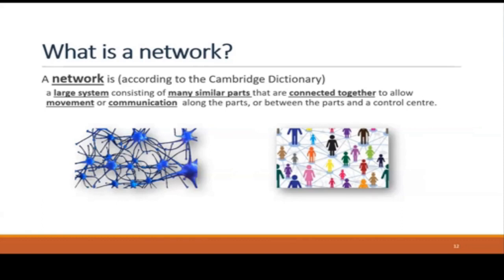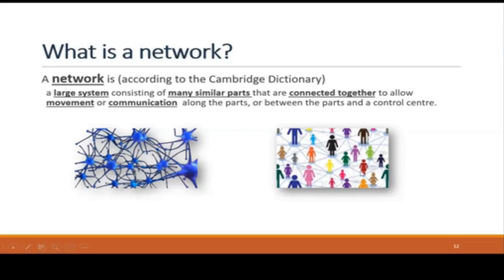In a neural network, there is the movement of blood, right? In a human network, the communication happens along the parts or between the parts and the control center. So there has to be some kind of control center in the network.